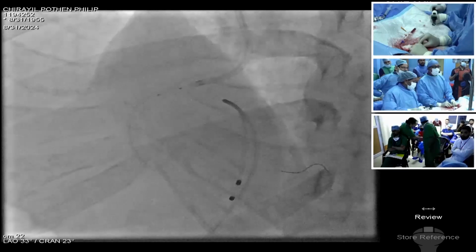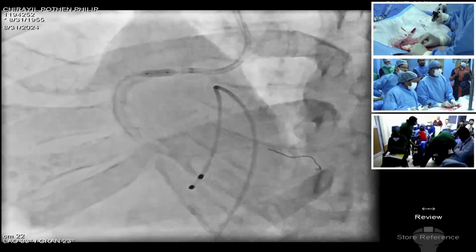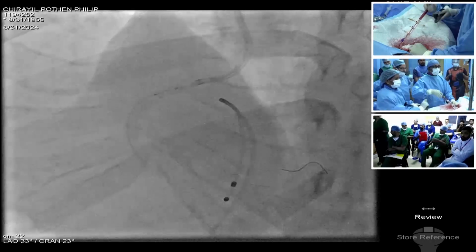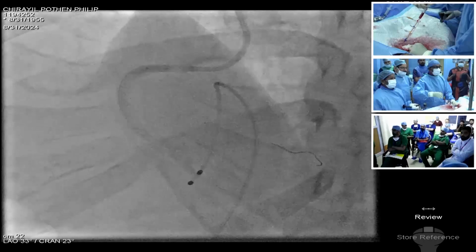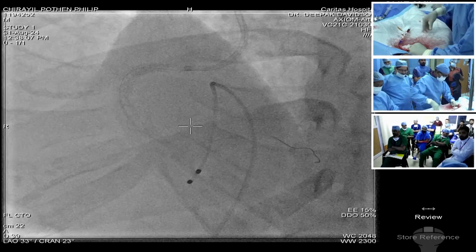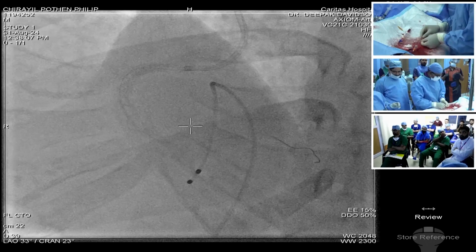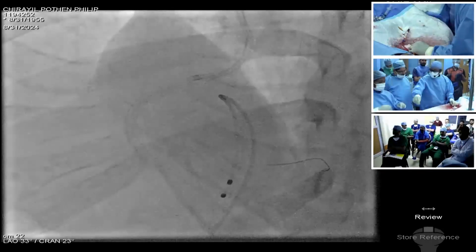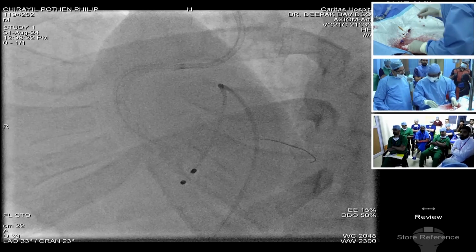20 and 4 mm balloon. Negative. Yeah, 20. This 4.5? 4. Yes. 4 is enough. That's what I'm saying.